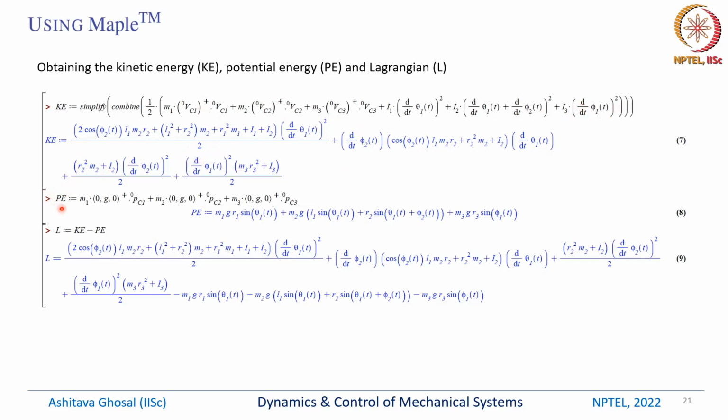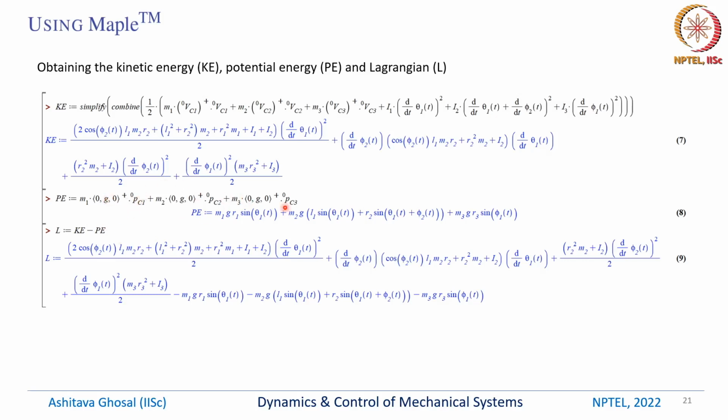The potential energy of each of these links can also be obtained by taking the dot product of the gravity vector with the position vector of the CG. And remember, the plus here means transpose, and dot means multiplying these two vectors. So likewise, this is M2 G h plus M3 G h, roughly speaking.